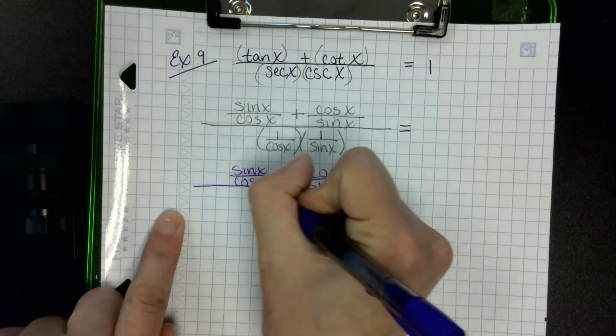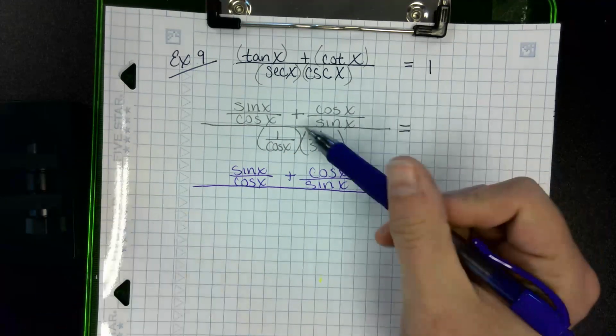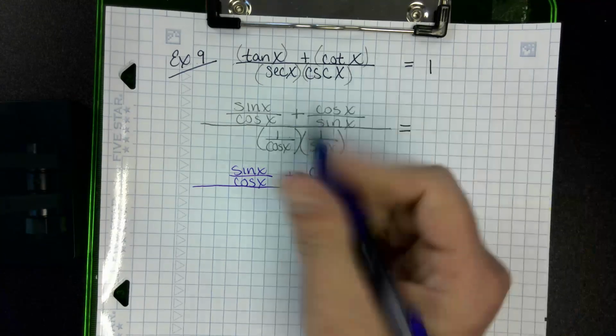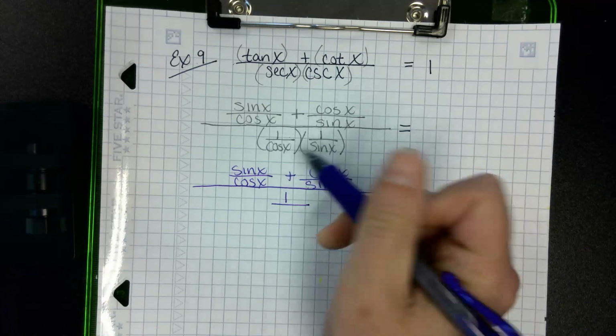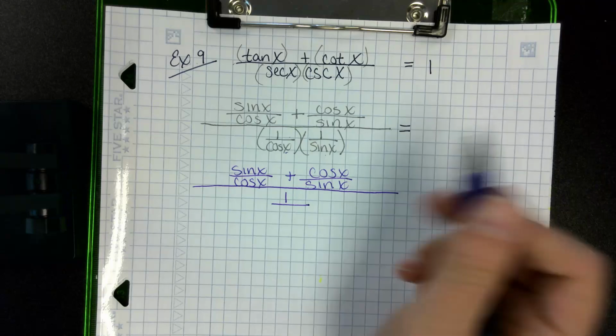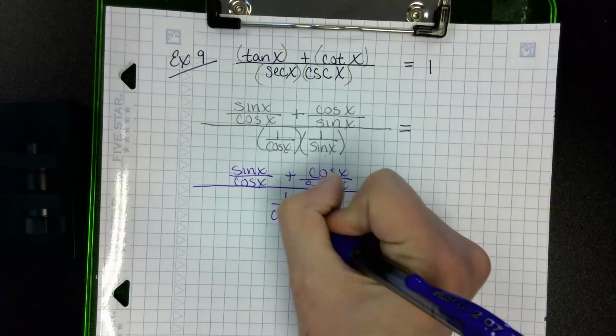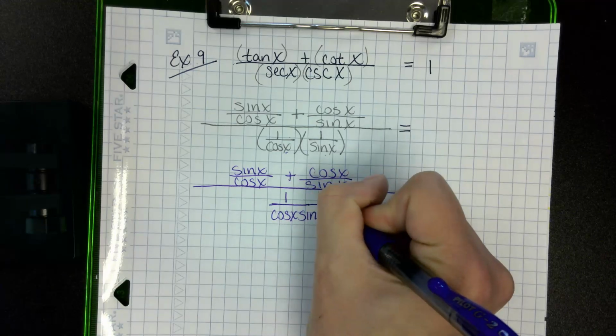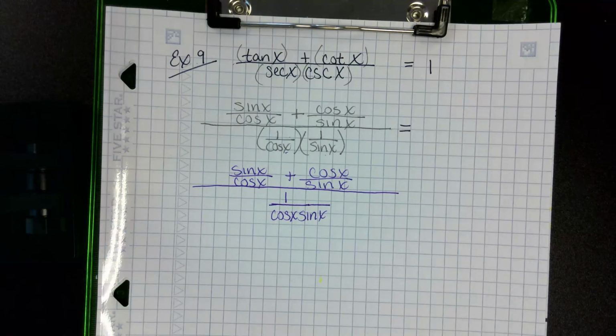Then my fraction bar. In the denominator, I'm going to multiply these fractions together. So 1 times 1 is 1. Cosine times sine is cosine sine. Oh, and it equals the right side.